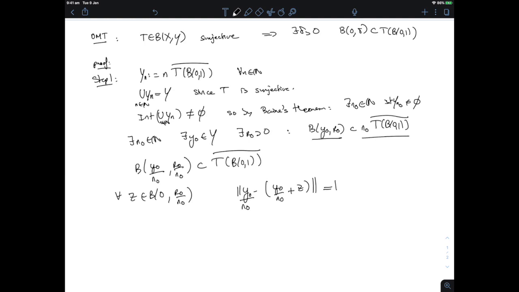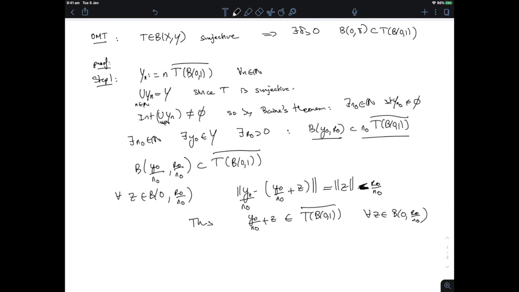Well, it is equal to the norm of z, which is strictly smaller than r_0 over n_0. So I can tell you that y_0 over n_0 plus z belongs to the closure of T(B(0,1)), certainly for all z small enough.